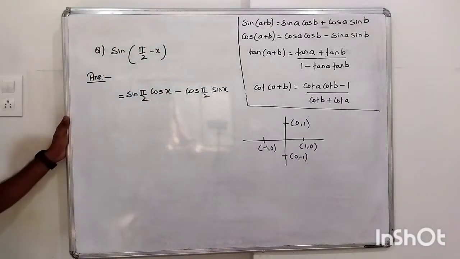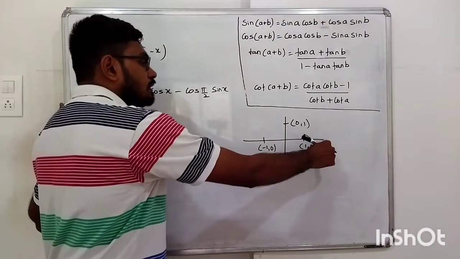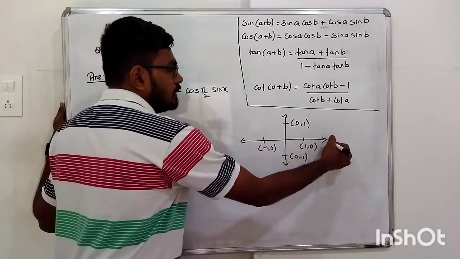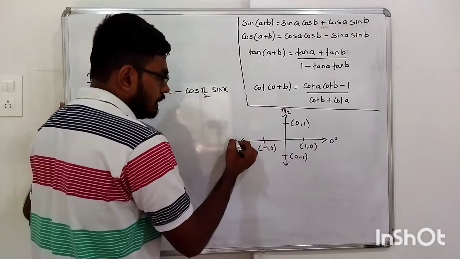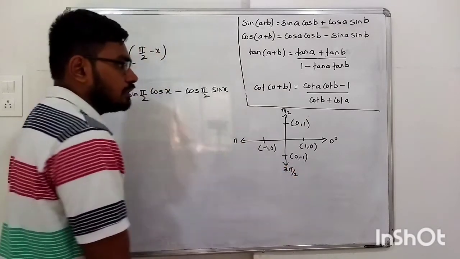Using this we can find trigonometric ratios for angles on the axis. Here it is 0 degree, here it is 90 degree or pi by 2, here it is 180 degree or pi, here it is 270 degree or 3 pi by 2, and so on.